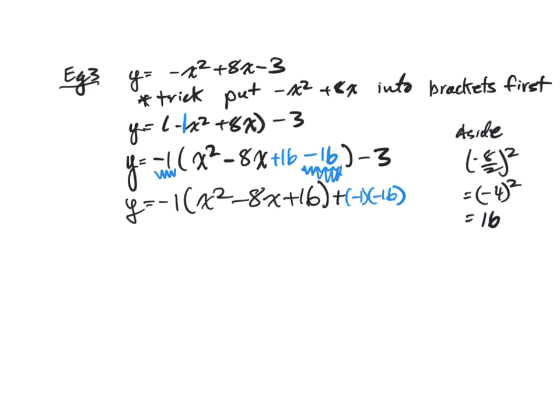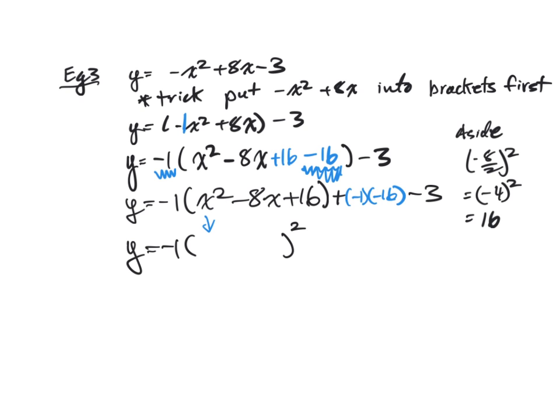And all I want to know is what this is, right? And then you still have to add your minus 3 from before. So now, when we do our simplification, we have y is equal to negative 1, and we still know our answer is going to be something in a squared, right? And we're just going to use that same concept as before.